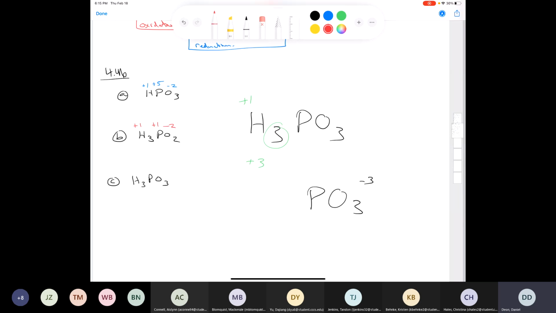If it's -3 and my oxygen is -2 times 3, because I've got 3 oxygens, that gives me -6, but the overall charge of my ion is -3, so x plus -6 gives me -3. And so x must be equal to +3. So my phosphorus here is +3, my oxygen is -2, and my hydrogen's oxidation number is +1. Does that help anybody who is maybe struggling a little bit with oxidation state? Hope so.